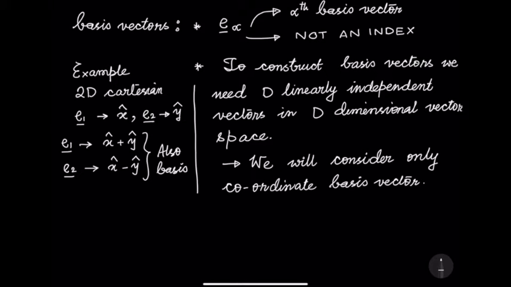They are non-coordinate basis. Well, I can do a coordinate transformation, a rotation, where they will become coordinate basis. But if my coordinates are x and y, these E1 and E2 are not coordinate basis. So we'll only stick to coordinate basis vectors.